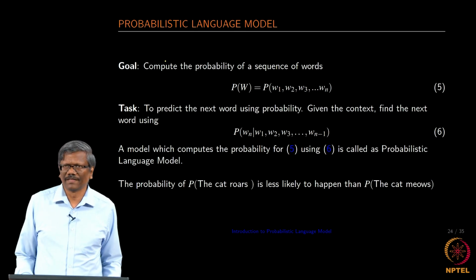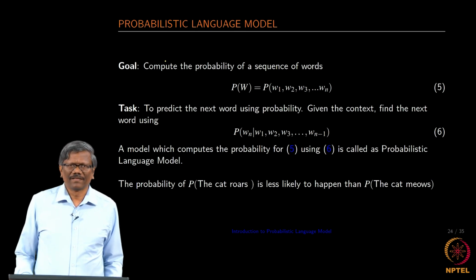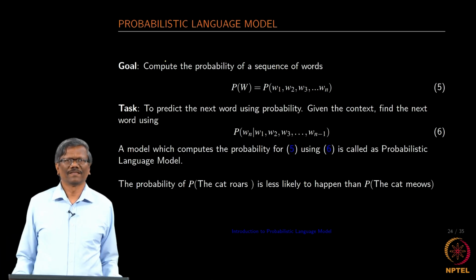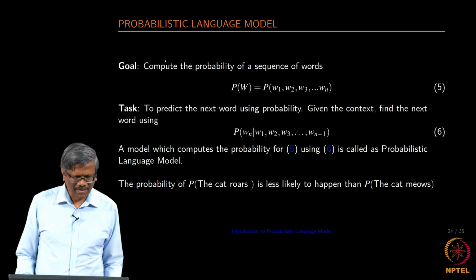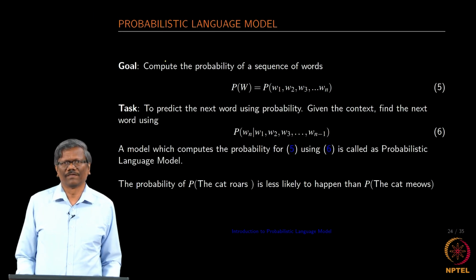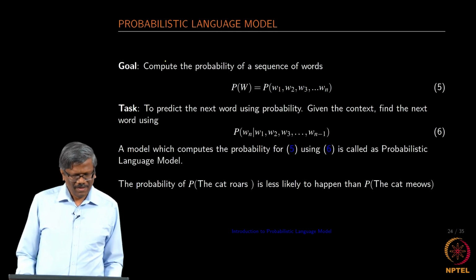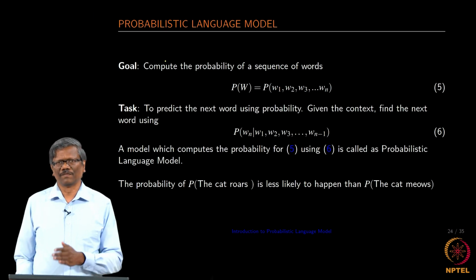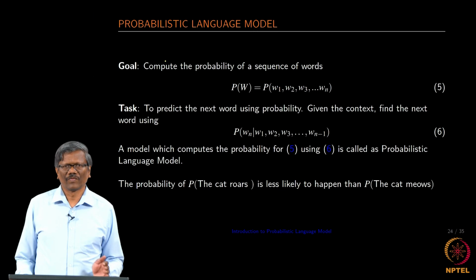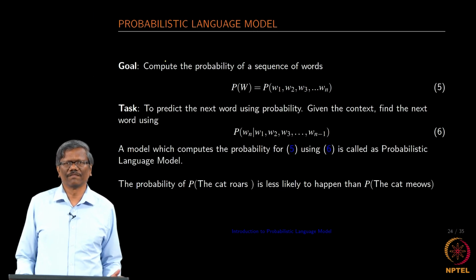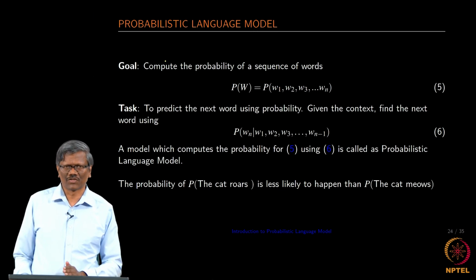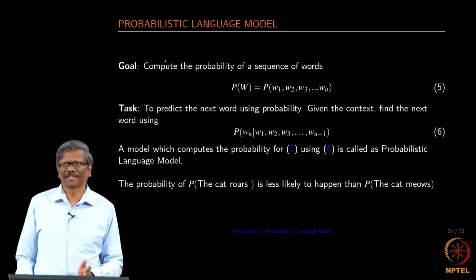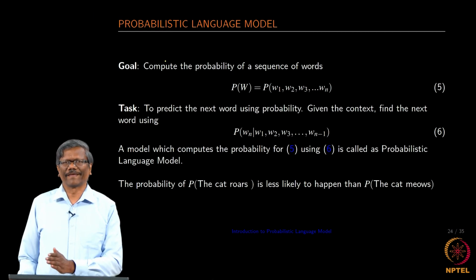As we said earlier, the sentence is seen as a sequence of words, or you can also look at it as n-grams. The goal is to find the probability of the sequence of words. How do you do it? By predicting the next word using the probability. Given the context of the history of the previous words, I should be able to estimate the next word.